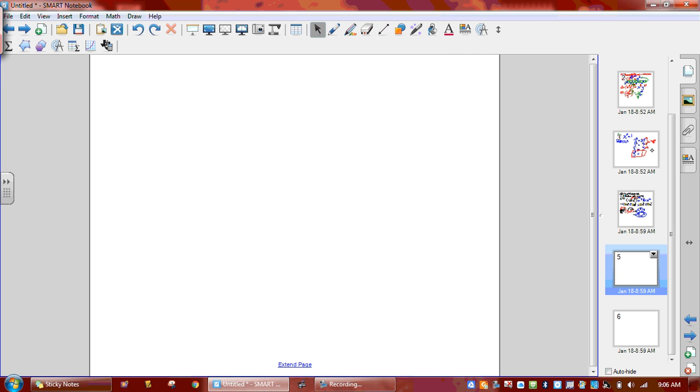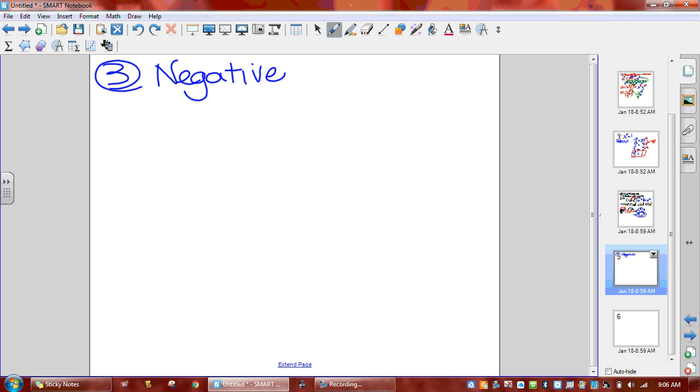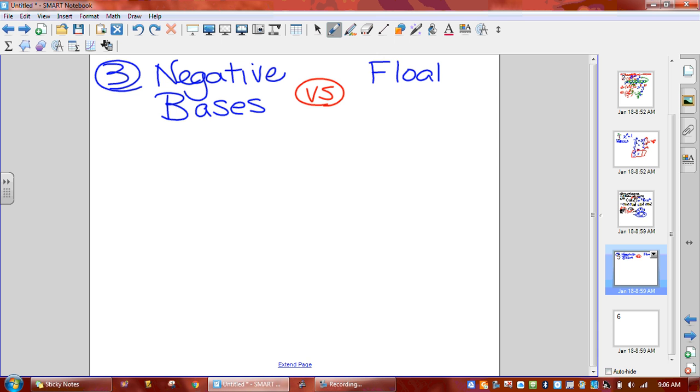Now we're going to talk about negative bases and floater negatives. So this is number 3. Negative bases versus floater negatives.